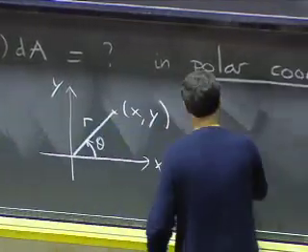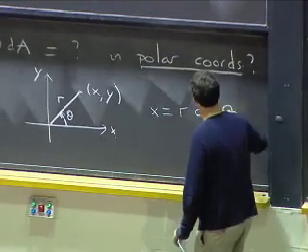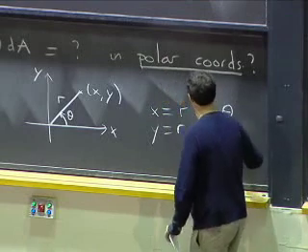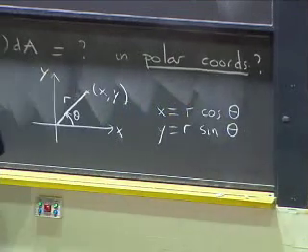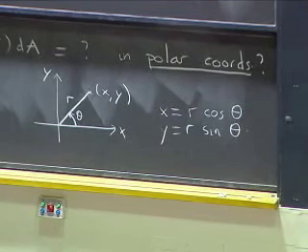Okay, so in terms of r and theta, you have x equals r cosine theta, y equals r sine theta. So the claim is we are able actually to do double integrals in polar coordinates. We just have to learn how to.